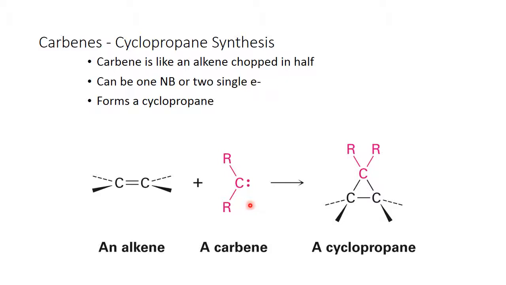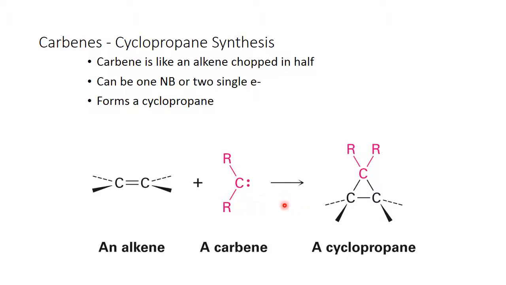There's evidence for both of these occurring. If it's a single non-bonding pair of electrons, then they have opposite spins, and if they're two single electrons, then their spins would be paired. And so we see evidence for both things occurring.